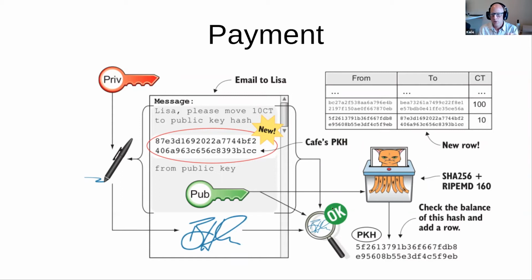But in order to check whether John has the balance needed to send 10 cookie tokens, she will have to hash the sender's public key through SHA-256 plus RIPE-MD160 to get this 20-byte public key hash. And then she can use this public key hash to verify that the sender has the money, and then update the spreadsheet with a new row.